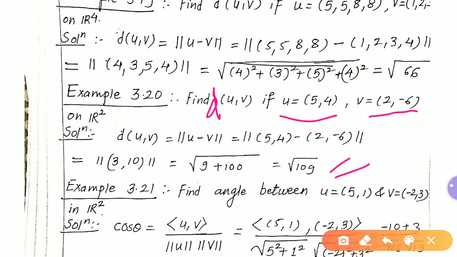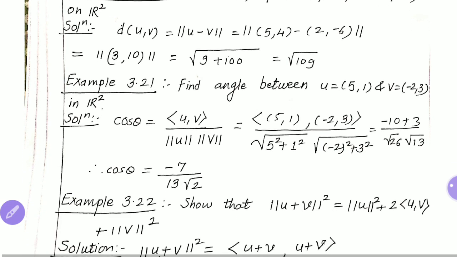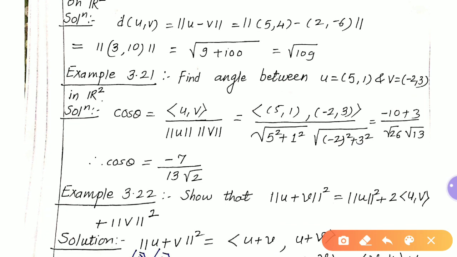In the next example, we need to calculate the angle between two vectors. So let us see how the angle is calculated. Apply the definition. The vectors are written in the form of an ordered pair, so we'll take the dot product. The dot product will be 5 into minus 2, that is minus 10, plus 1 into minus 3, that is minus 3, in the numerator, and in the denominator the norms. Norm means the square root of the sum of the squares of every entry.